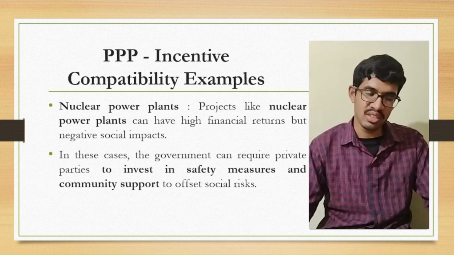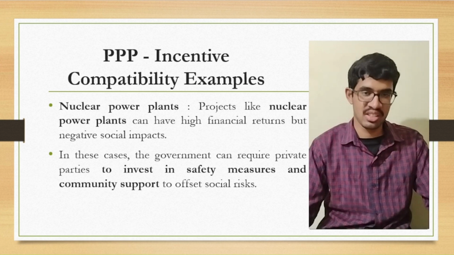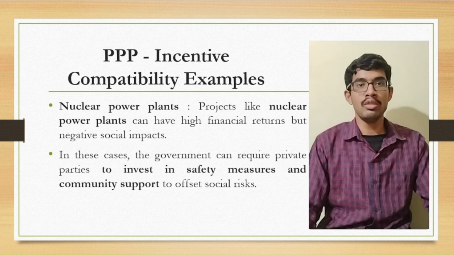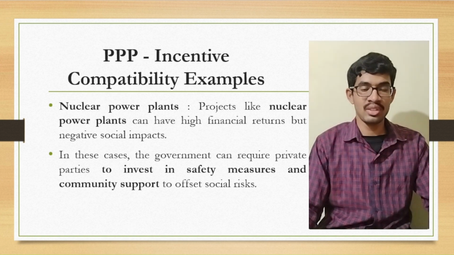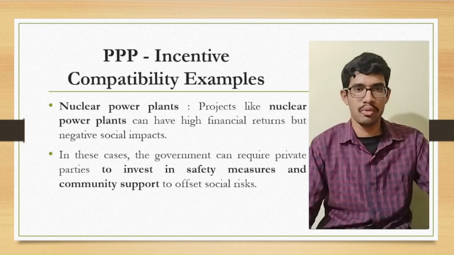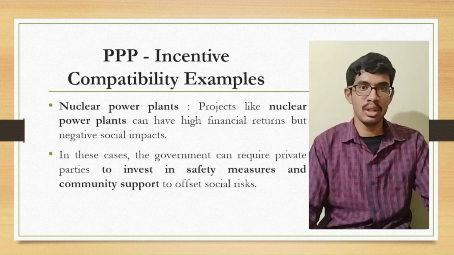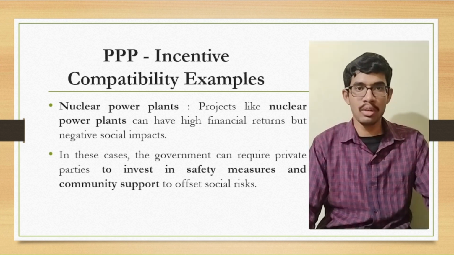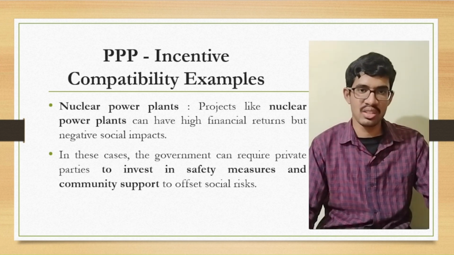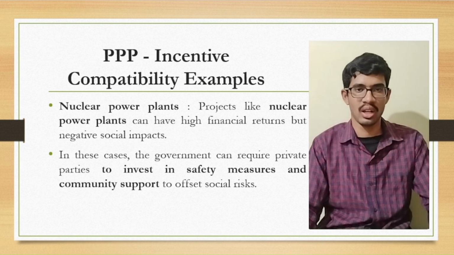In future, if an accident or any extremity takes place, then this amount can come to the rescue. Not that the amount will be equivalent to people's lives, but we know that nuclear energy can be the future. So the government will ask the contractor or developers to invest in safety measures and also in community support.